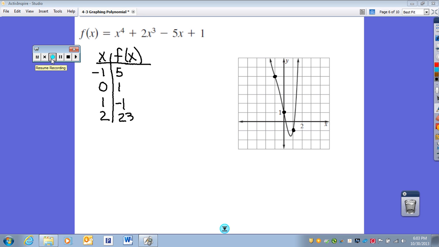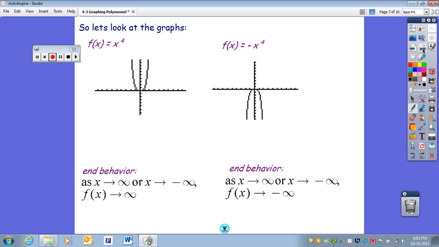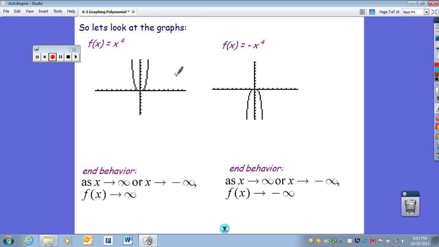When we graph those points, you'll notice that the shape is similar to that of a parabola, but depending on the rest of the function, we'll have some strange dips and things happening, though it'll be similar to that of a parabolic function. So we want to take a look at the end behaviors of a quartic function. The parent function is going to be very similar to that of a parabola.